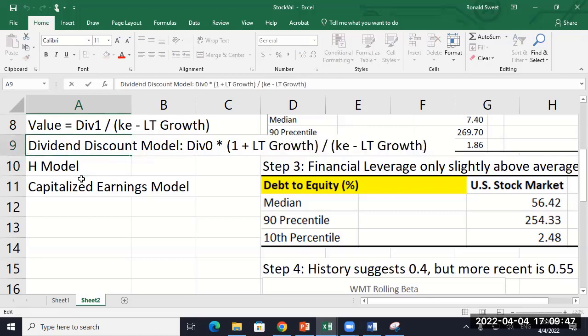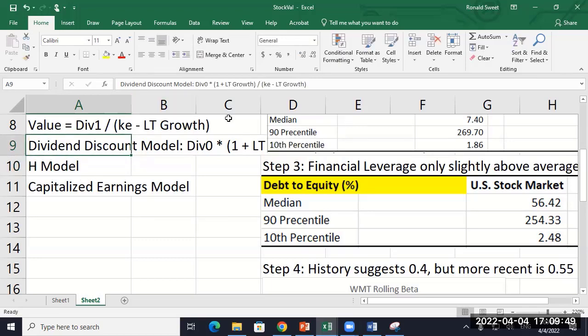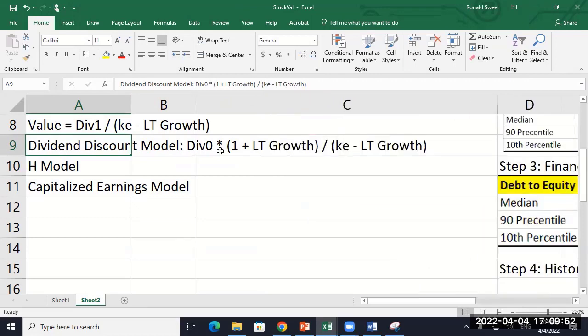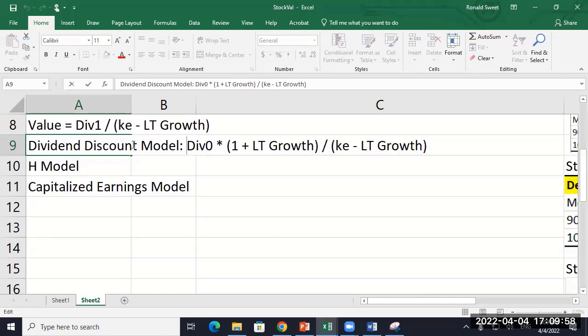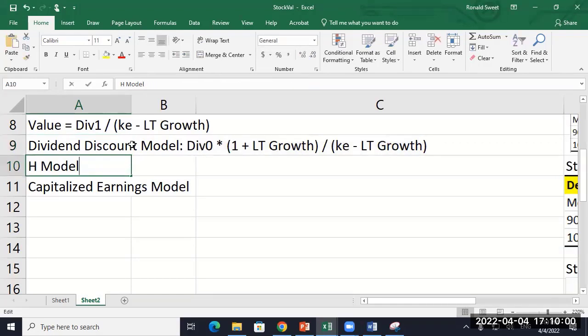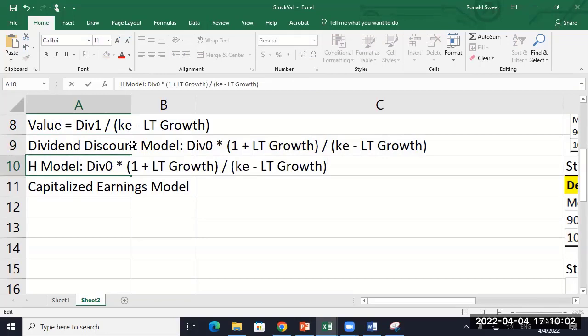The H model looks almost identical. What the H model does is take the dividend discount model, and it says there are some firms that are in an unusual growth period. So we're going to tag on this extra growth.